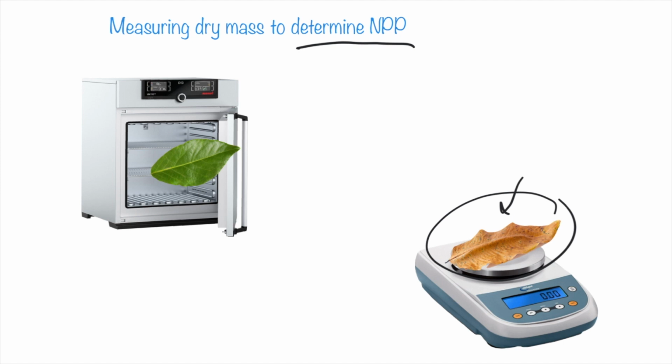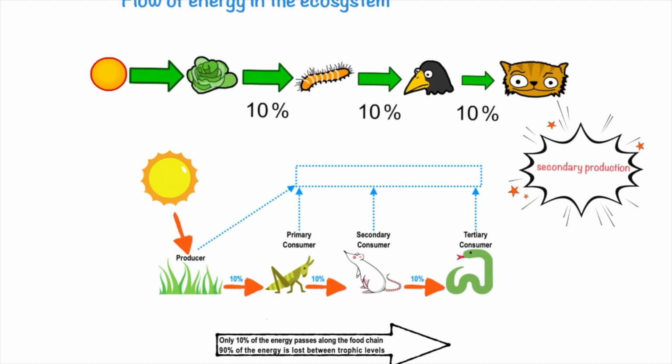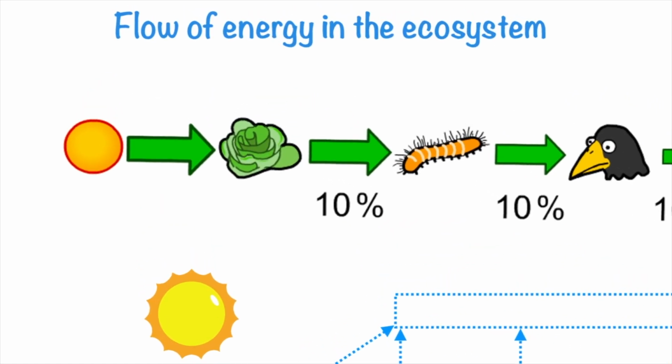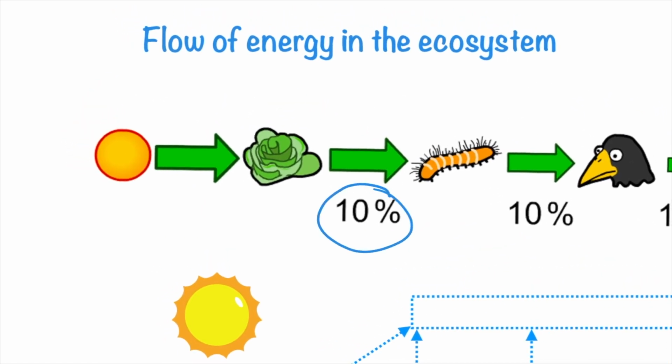Now, here I want to remind you of something you've probably done in your IGCSE. This talks about the efficiency of food chains in general, not only about plants. Now, we've seen the first part here. We've seen that the MPP for a plant is around 10% of what is received from the sun.